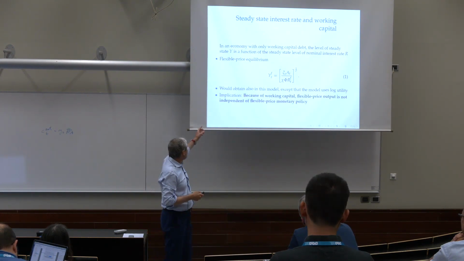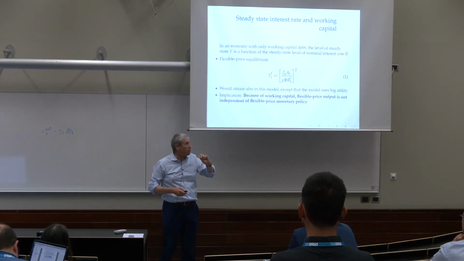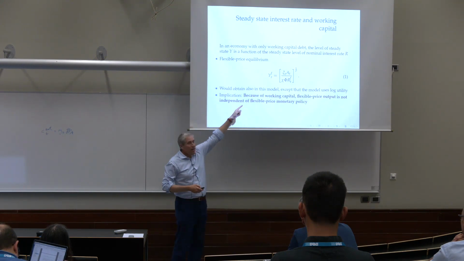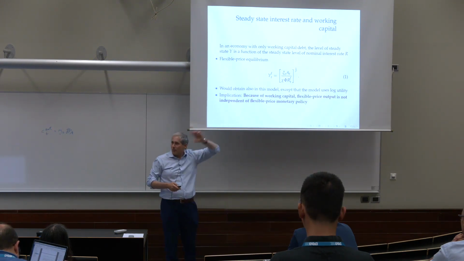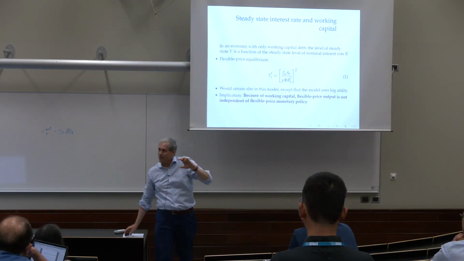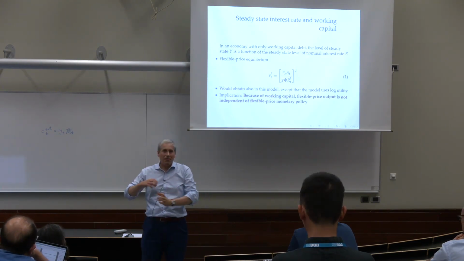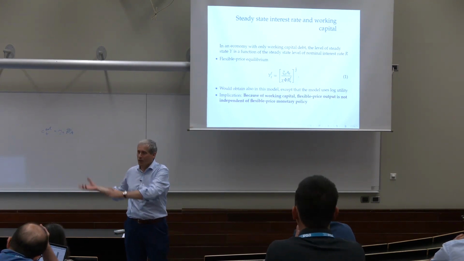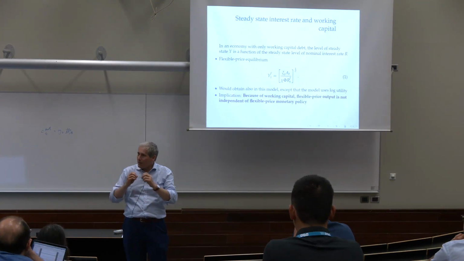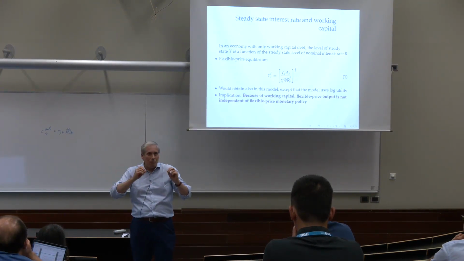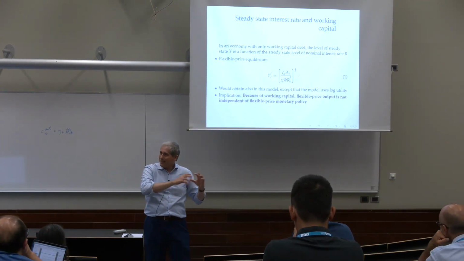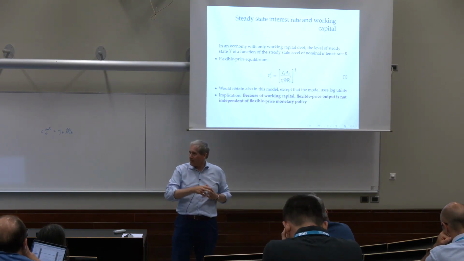But it introduces a very interesting complication: if I have the nominal interest rate in the flexible price equilibrium, that means the monetary policy that I have in the flexible price world, where I look at potential output. So now when I think about output gaps, I have to think about what the monetary policy is in the efficient, first-best case.